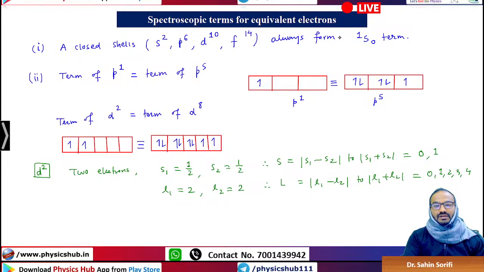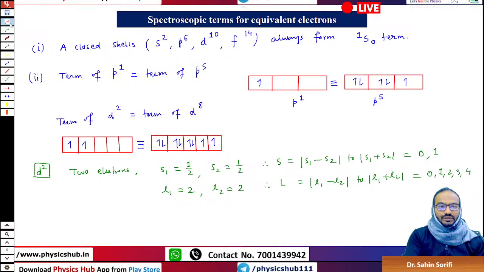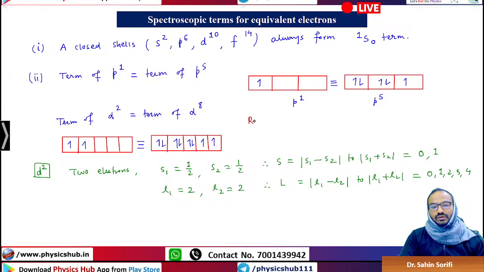Now for equivalent electrons there are some rules. Remember this rule while we tackle equivalent electrons.